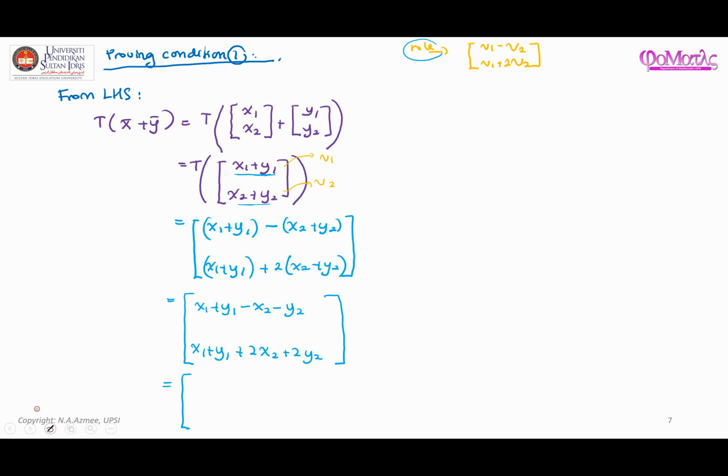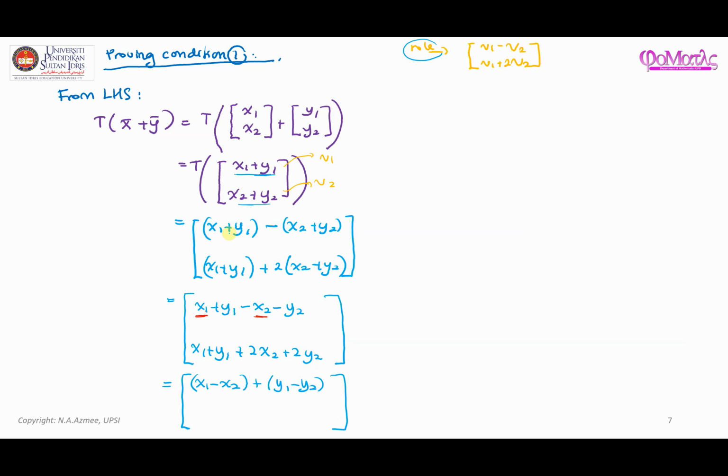Well, let me just highlight. So this is x and x. Since this is just addition and subtraction, you can change the position. It is not going to be problematic if you do that. Therefore, what we can do is have x1 minus x2 grouped together plus y1 minus y2 grouped together.